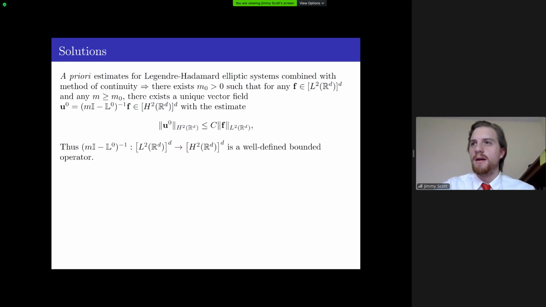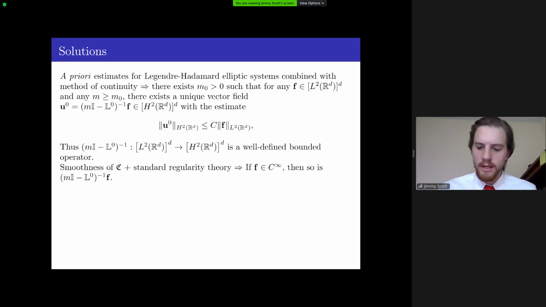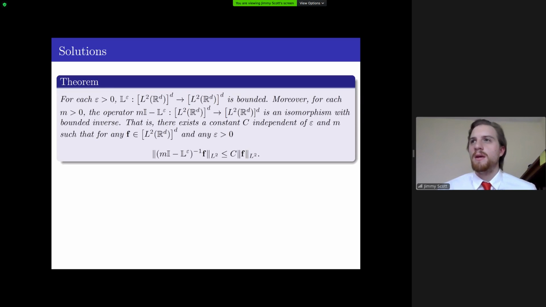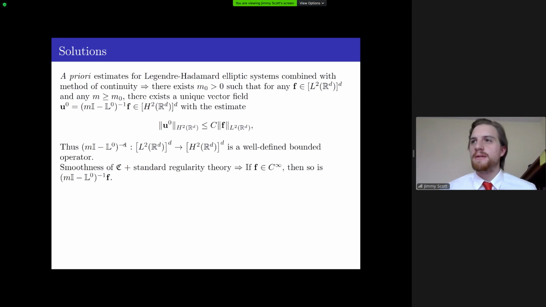That means that the resolvent is a well-defined bounded operator. That is, the data-to-solution mapping, the data F to the solution U, is well defined. And again, standard regularity theory gives you that if the data is smooth, then so is the solution. So the limiting operator has a well-defined solution set. That is, the inverse operator is well defined.